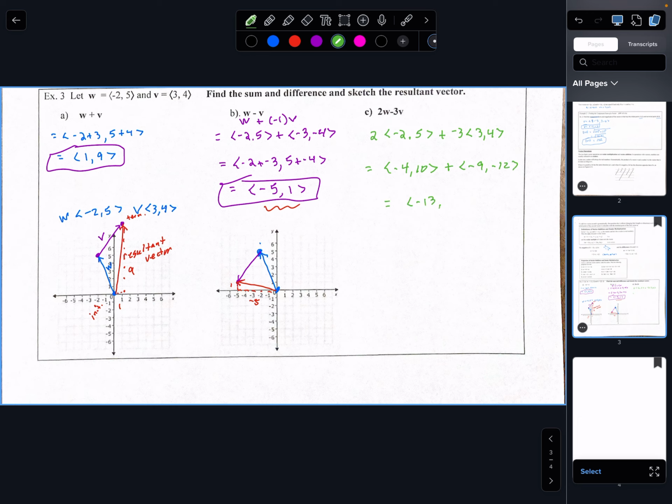And you get -13, -2. So it's not too challenging. And that is the end of those notes.